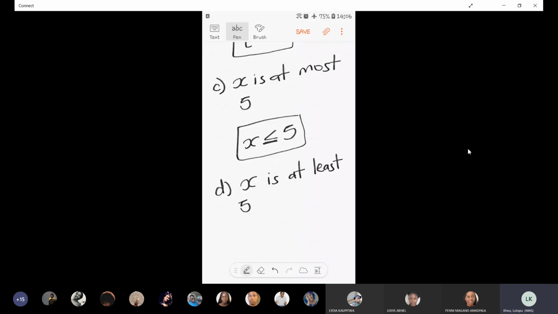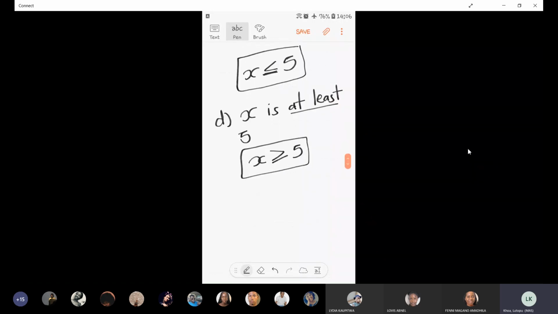You can do more, but that is the minimum. So x is at least 5. This means that x is greater than or equal to 5. So these words, at least and at most, be wary of them, know how to use them.